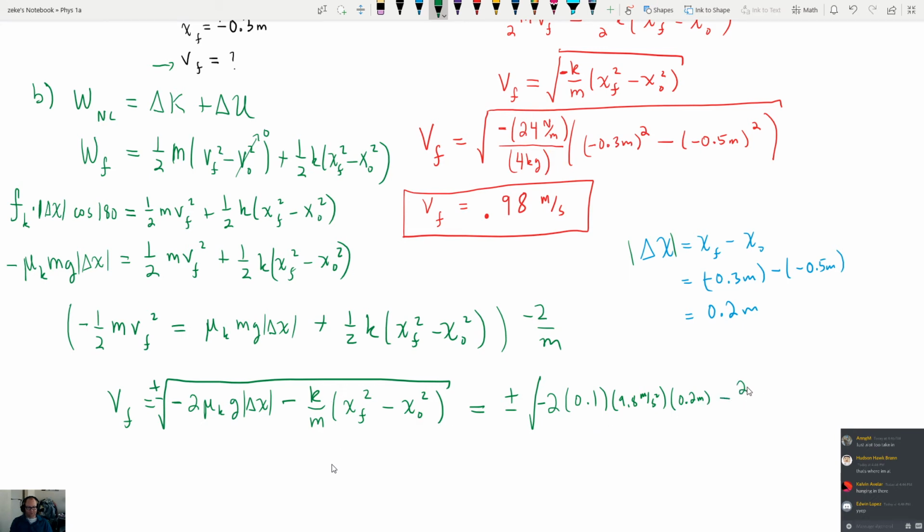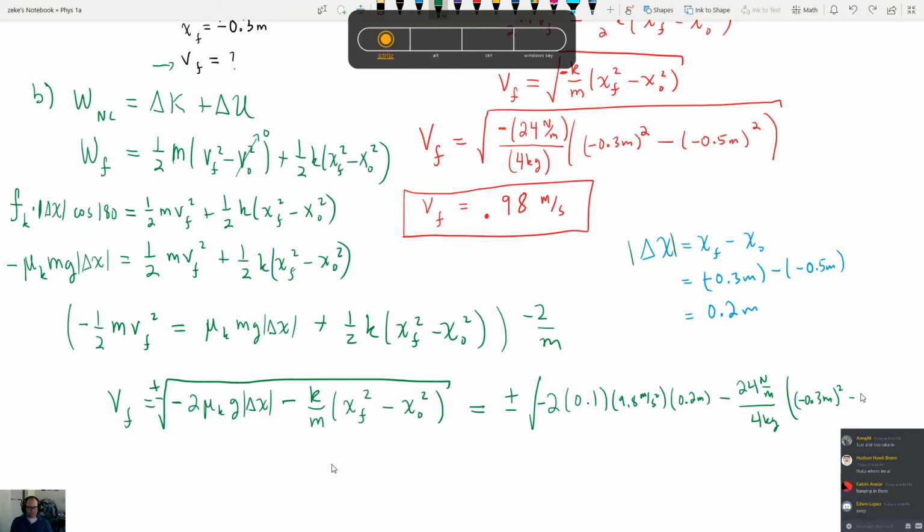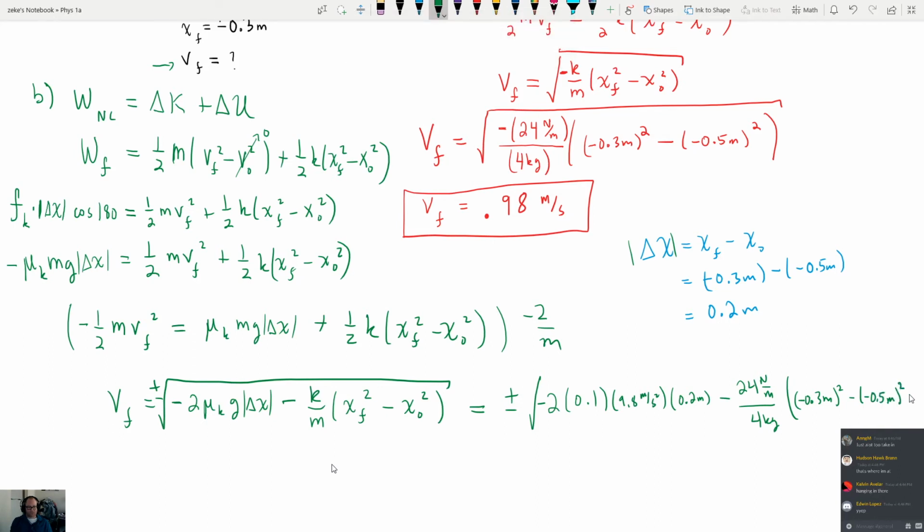So k was 24, and then m was 4 kilograms. And then all of that gets multiplied by that same thing that's right there. I'm going to drop these negatives. Well, maybe I shouldn't do that. Negative 0.3 meters squared minus negative 0.5 meters squared.